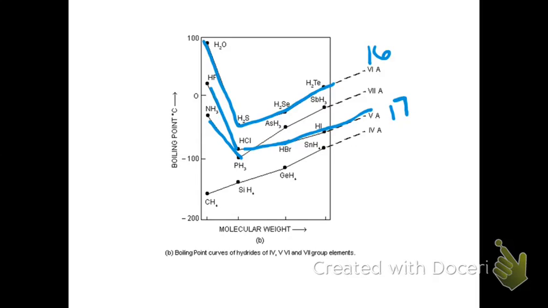Here's group 15, and down here, this is group 14. So what we're going to do is compare these molecules with their group number as we go down. And I want to look at this trend a little bit more here.